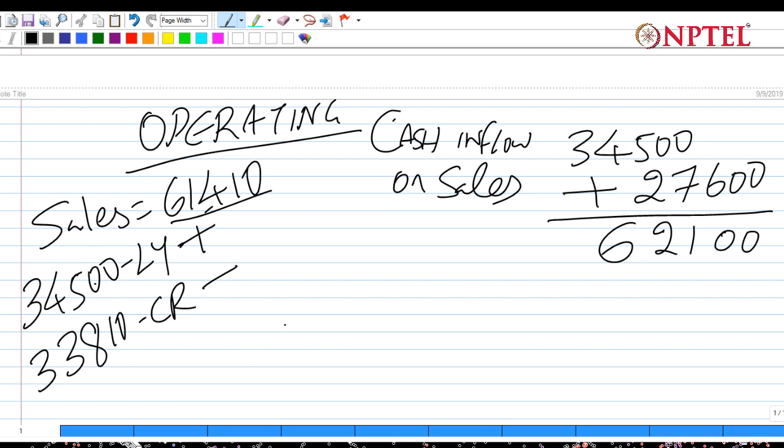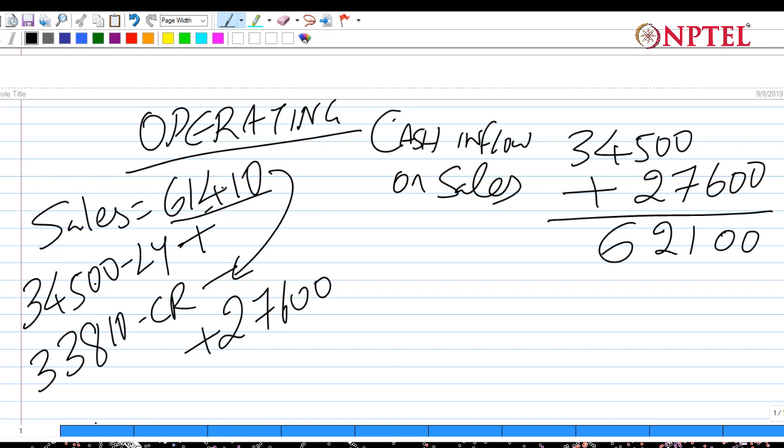This is the money that you have to receive on this year's sales. So what is the cash received on this year's sales? This minus this: 61,410 minus 33,810. How much is it, sir? 61,410 minus 33,810 is 27,600, which is the cash sale.